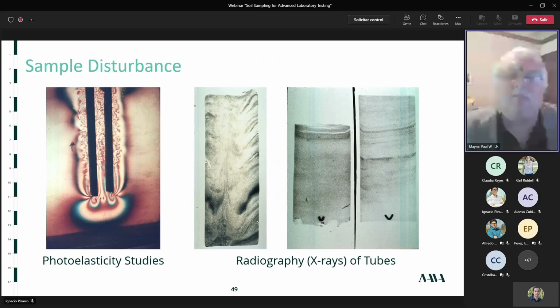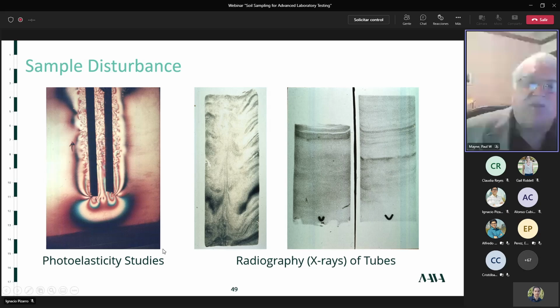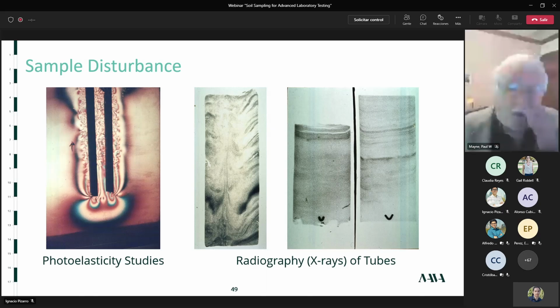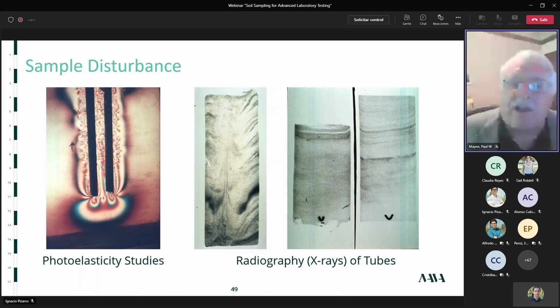Okay, let's move on. So, sample disturbance. On the left side, we have photoelasticity, an attempt to use that to quantify sample disturbance. And you can see that there's quite a bit of disturbance in the soil around that sampler, shown by the 2 black lines. The 3 figures on the right-hand side are using X-ray to try to quantify.